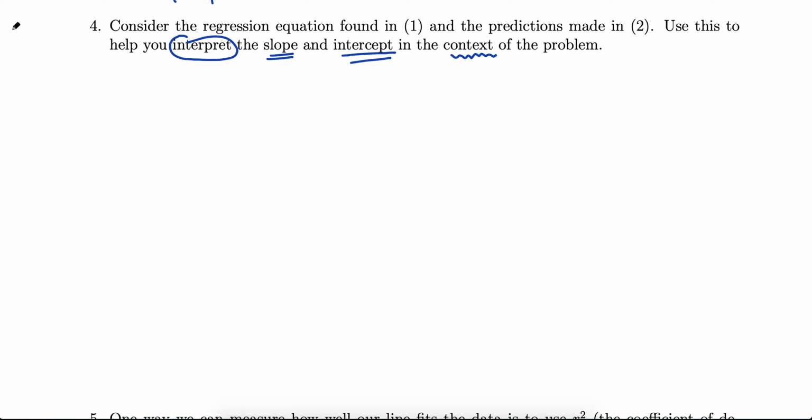So I'm going to do just a quick little example off to the side. Suppose I had an equation y hat is 1 plus 2x. If I plugged in x equals 0, you would say y hat is going to be 1, right? Plug in 0 here, that term goes away and I just have 1 left.